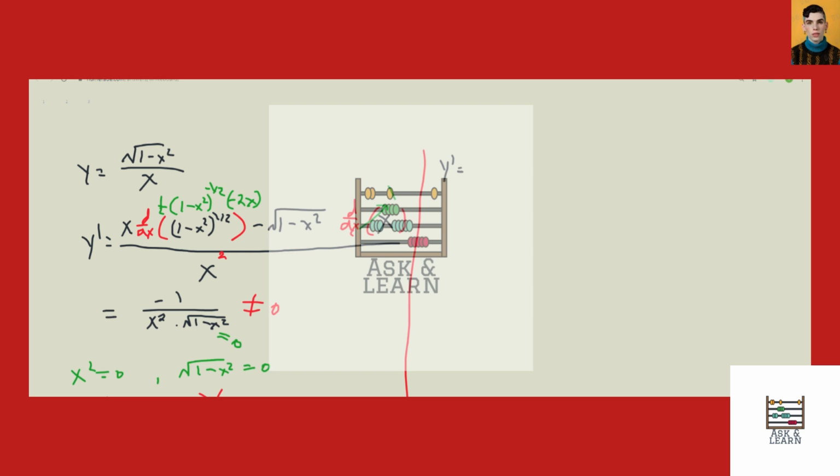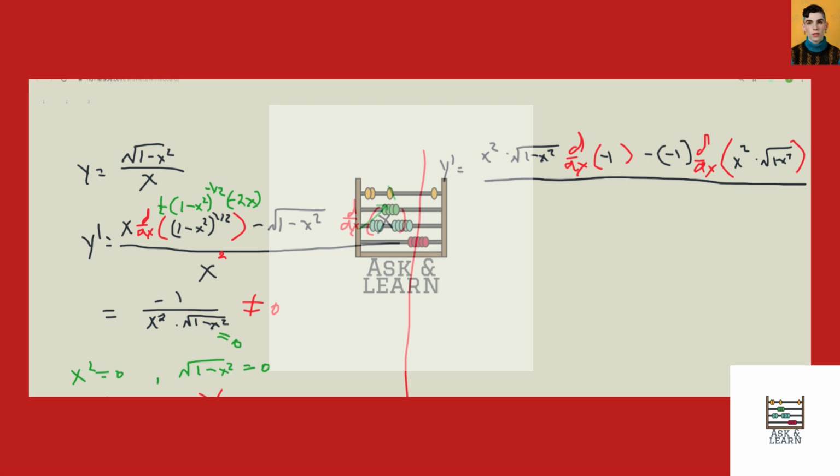So we'll have low, which is x squared times 1 minus x squared, times the derivative of negative 1, minus them in the opposite order, so negative 1 times the derivative with respect to x of x squared times 1 minus x squared, all over what we have in the denominator squared.